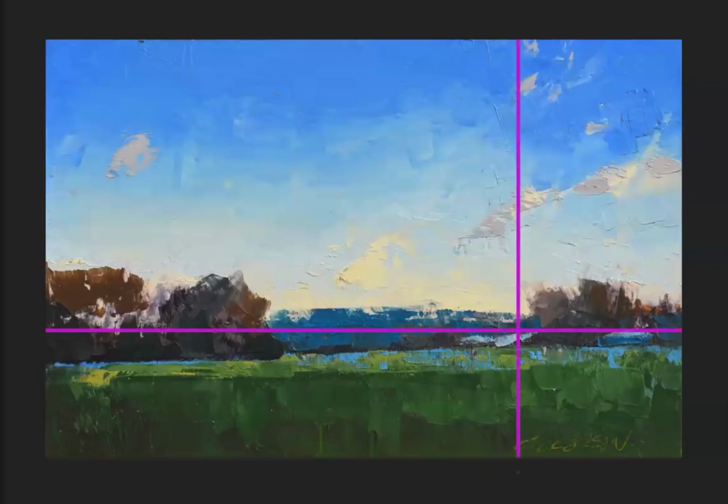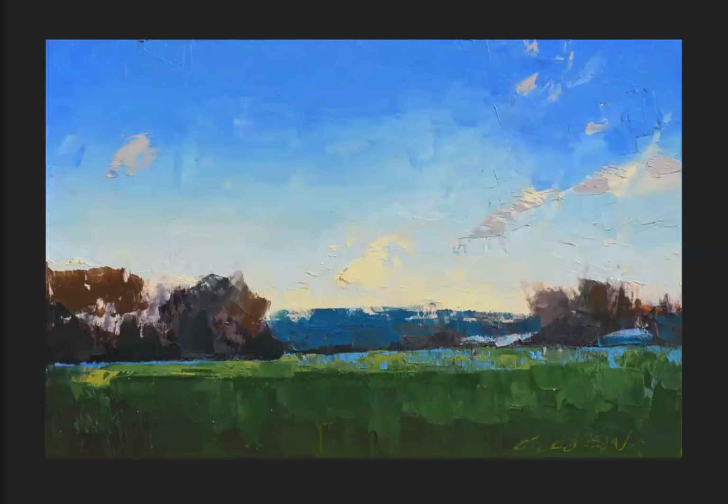So you see how it's falling almost right on that intersection point, that position point. So it's contrast and it's the position and the placement. And then when you look at the line direction here, that just reinforces and backs up those first two things.